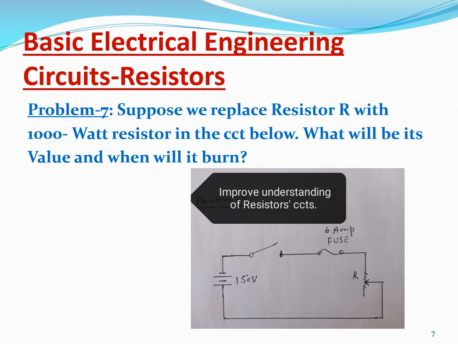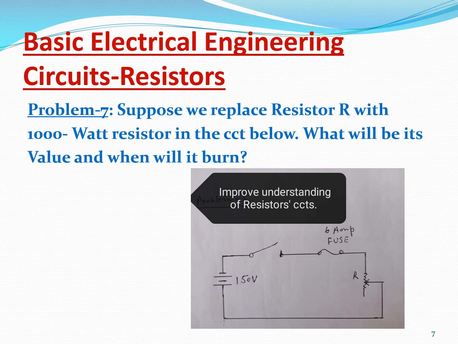And then we try to calculate, the power will be 1094 watt in this case, and the current will be 6.25 amperes. Now when the current is going to be 6.25 amperes, obviously the fuse will blow and the resistor R will never burn.